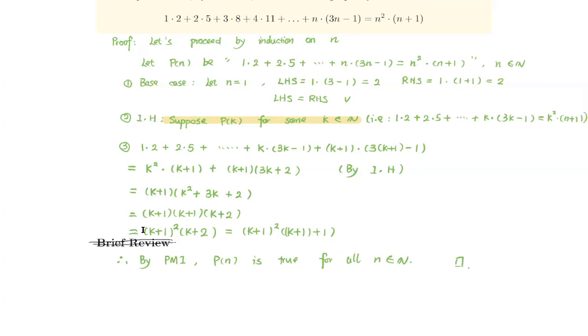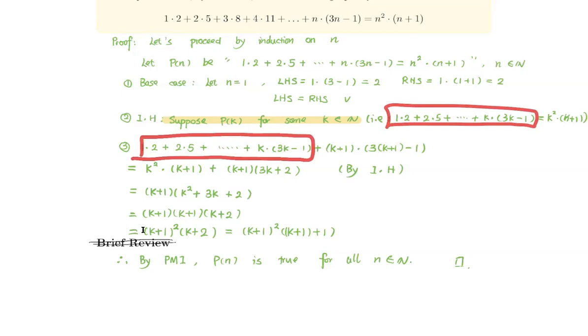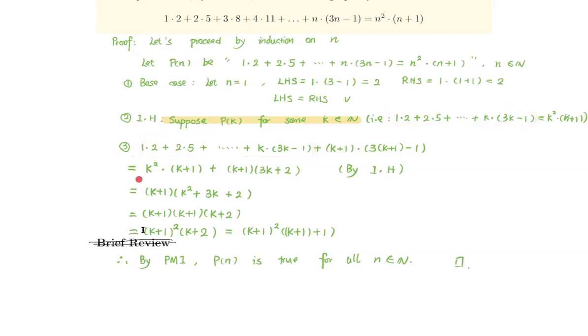This is your IH. Oh, I'm on k here, not n. We used this because here and here they are the same. So we know this term equals k squared times k plus 1. That's how we did it. Does that make sense?